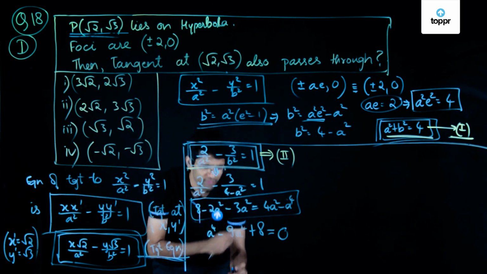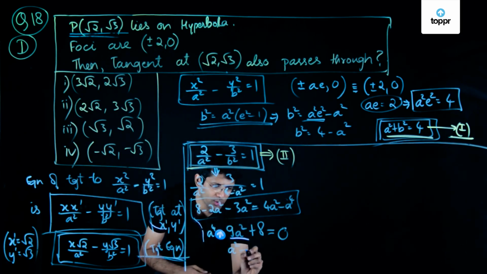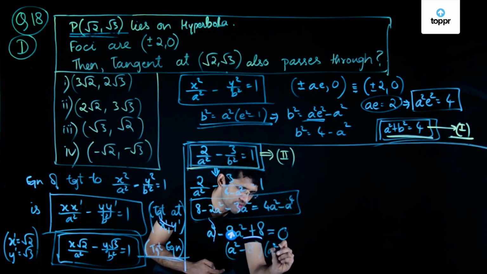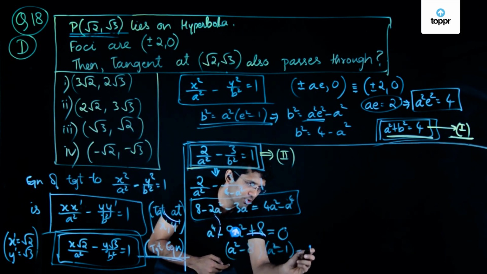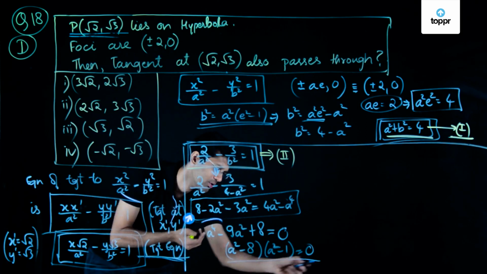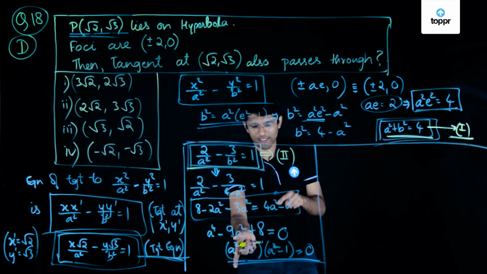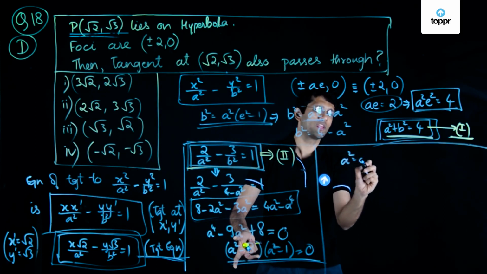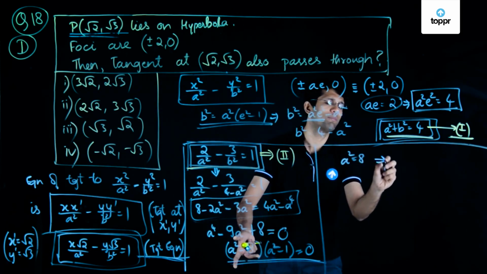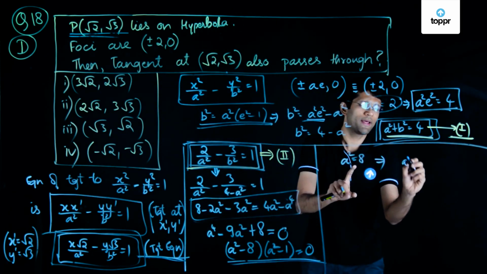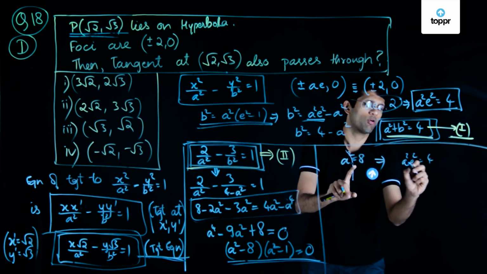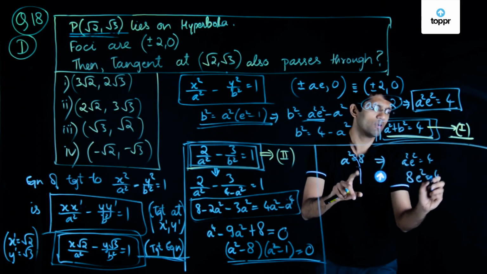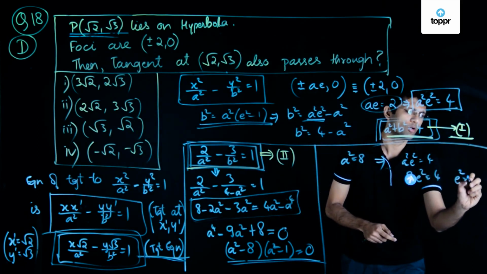And if you find the roots of this equation, you will get (a square minus 8) and (a square minus 1) is equal to 0. So the product of these terms is equal to 0. Now first I'm considering a square is equal to 8. If a square is equal to 8, then a square into e square, which is equal to 4, will give us 8 into e square is equal to 4, which gives e square is equal to half.